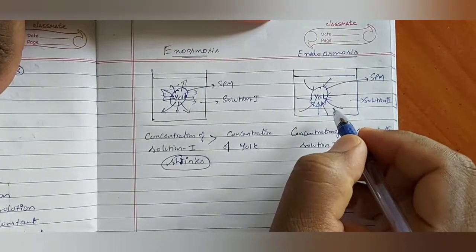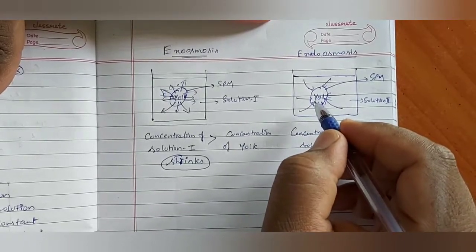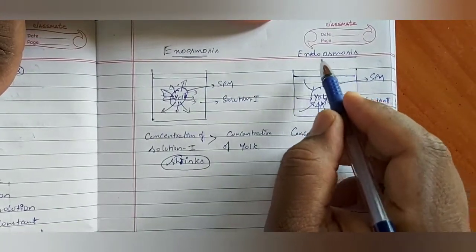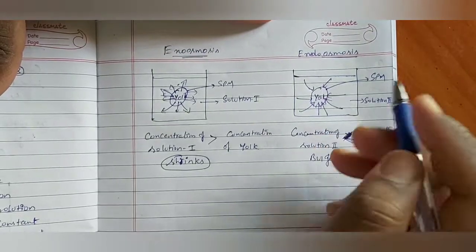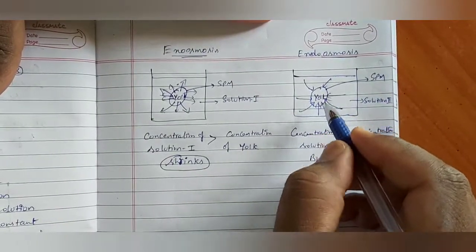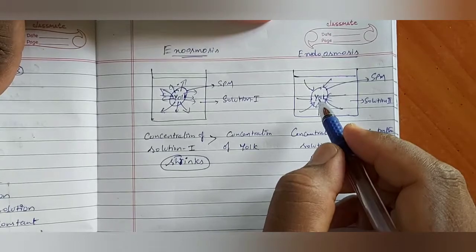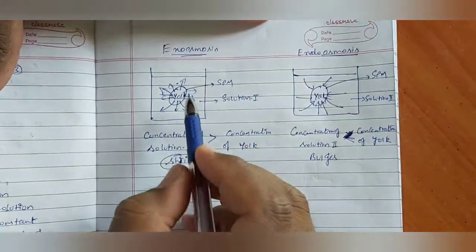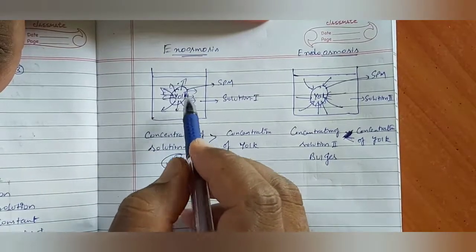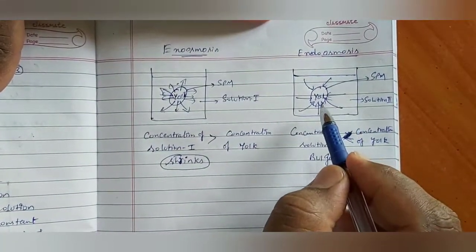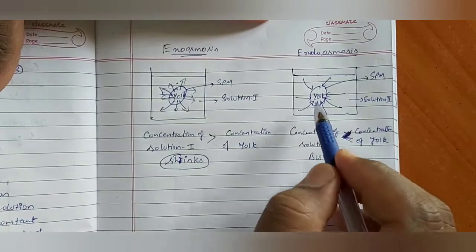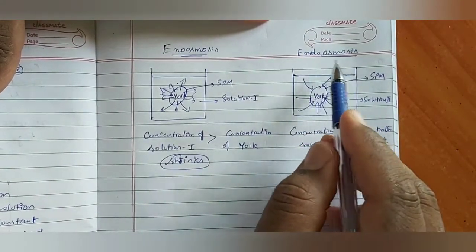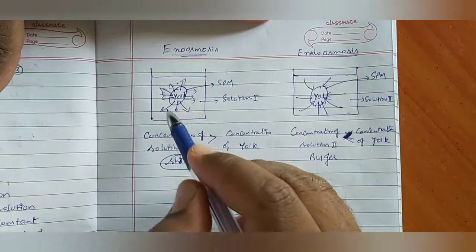Here solvent molecules are moving inside the egg. That's why it is called endo. Endo is nothing but in, like absorption. This egg yolk is absorbing the solvent molecules, that is called endoosmosis. Solvent molecules moving out is called exoosmosis. With respect to egg yolk we are talking about here.